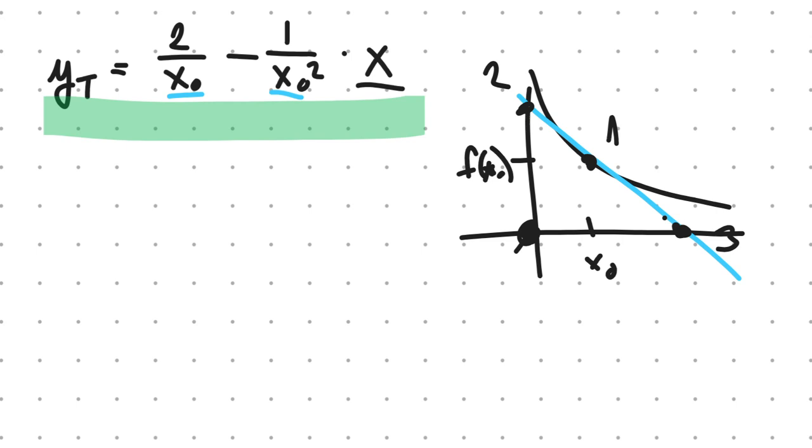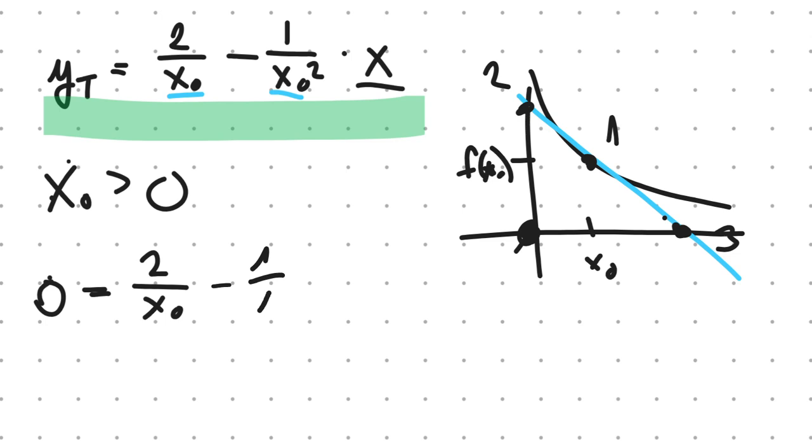So considering that x0 is greater than 0, we can first of all calculate the intersection with the x-axis. So I'll just set this equal to 0, and then just solve for x0. So we'll have 1 over x0 squared times x.